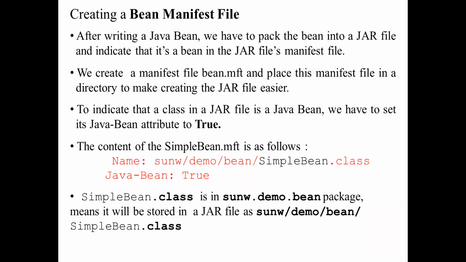So SimpleBean.class is in the sunw.demo.bean package. It means it will be stored in the jar file as sunw/demo/bean/SimpleBean.class. So in that case, we have to create a bean manifest.